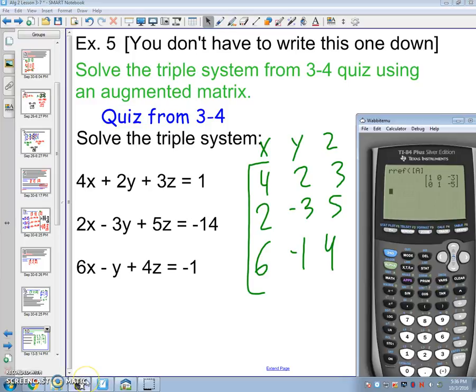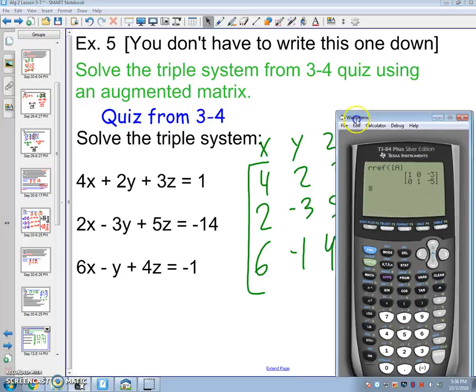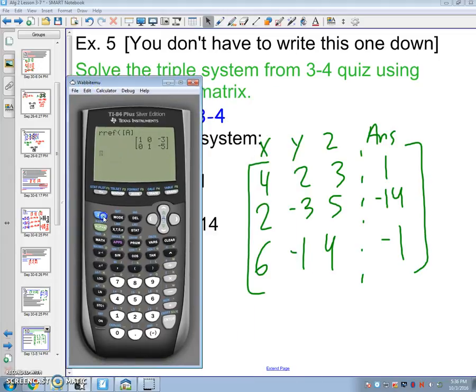I'm going to the calculator, type that in. So, second matrix, edit. It is a 3 by 4 this time. 3 rows, 4 columns. 4, 2, 3, 1, 2, negative 3, 5, negative 14, 6, negative 1, 4, negative 1.